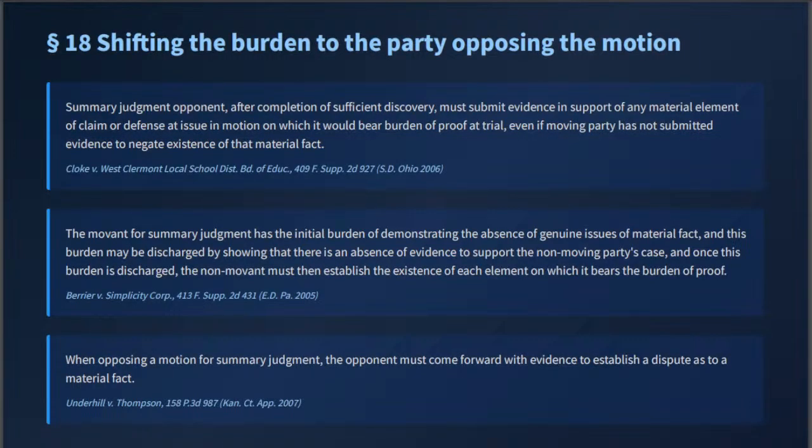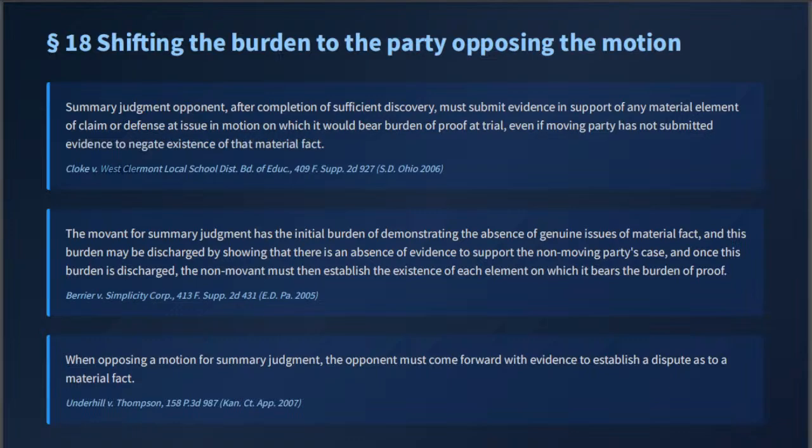So, continuing with shifting the burden to the party opposing the motion. The summary judgment opponent, after completion of sufficient discovery, must submit evidence in support of any material element of a claim or defense at issue in a motion on which it could bear the burden of proof at trial, even if the moving party has not submitted evidence to negate the existence of that material fact.